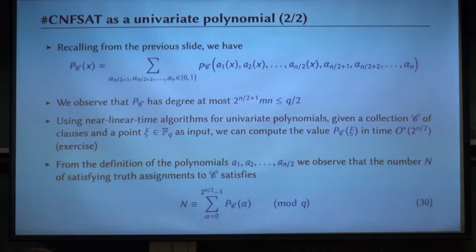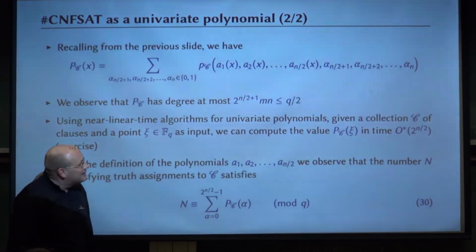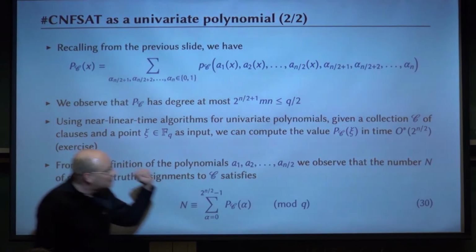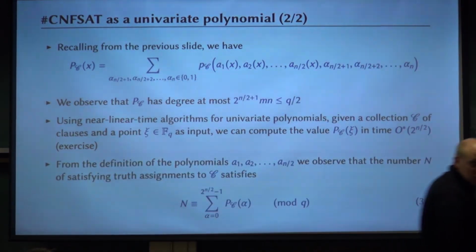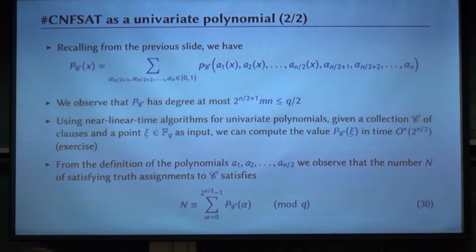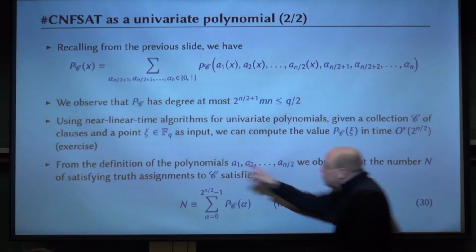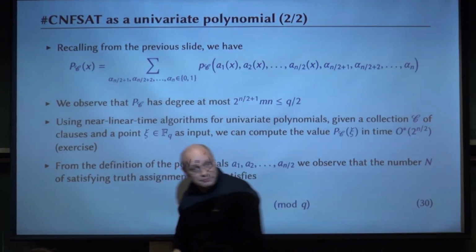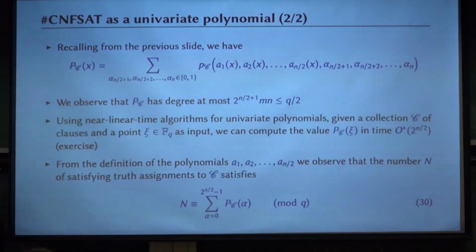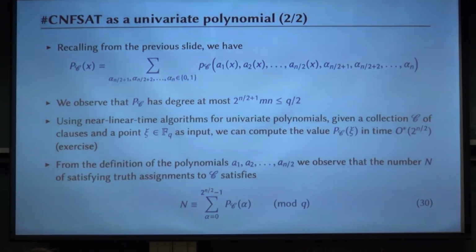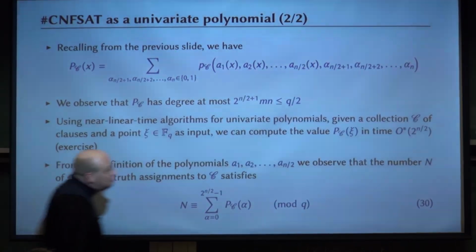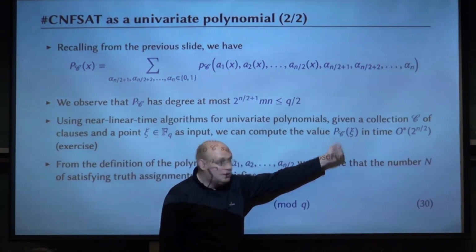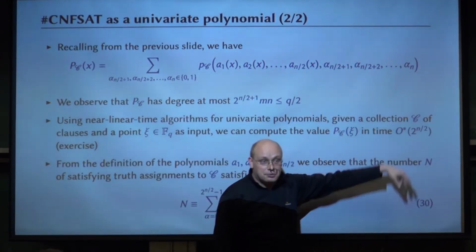So here is one thing that, again, I want you to take a little bit of contact to this material. I'm just saying that there is an algorithm that, given your favorite collection of m clauses over n variables, and a point in the chosen finite field where q is one of the primes, either q1 or q2, we don't really care as long as it's in the interval that we specified, can compute the value of this polynomial in this running time, counting all the bit complexity.